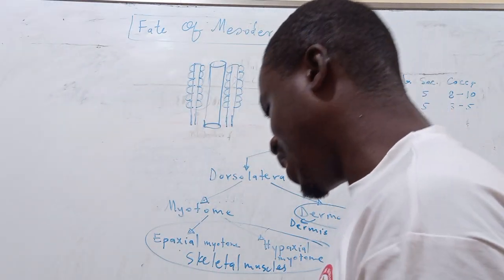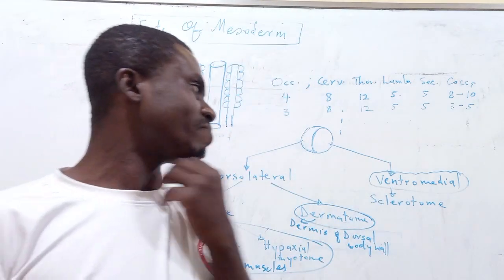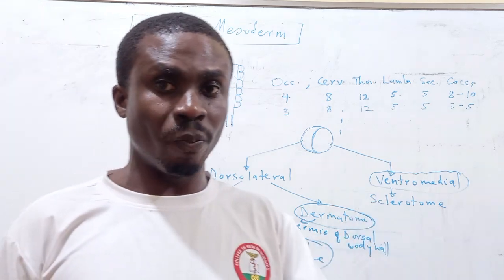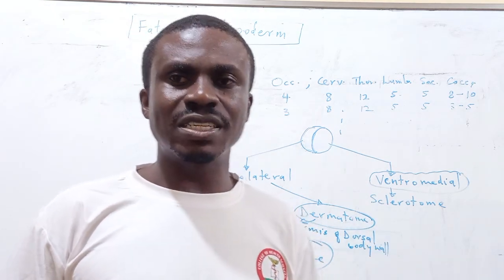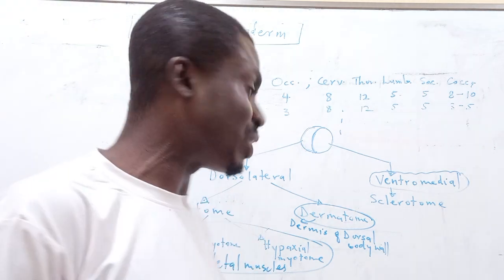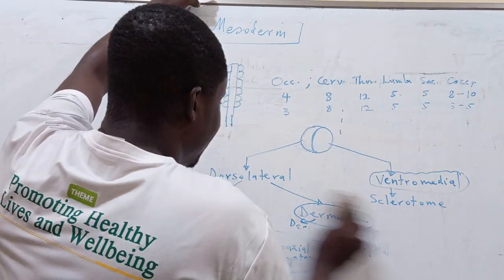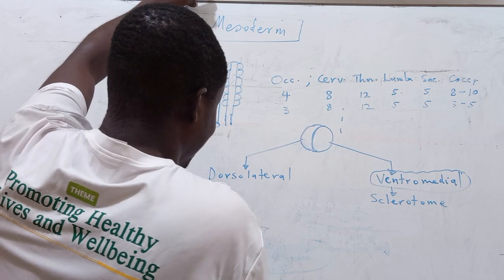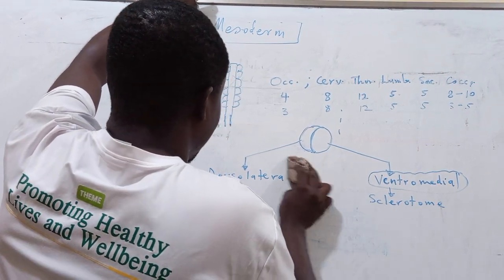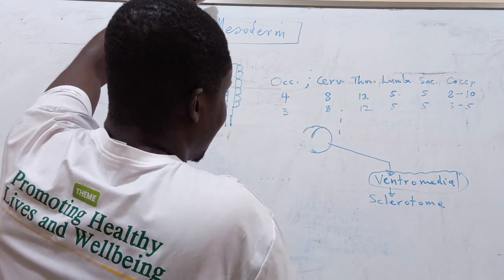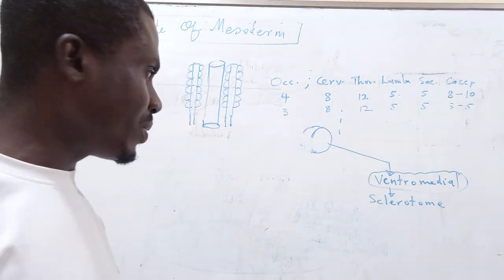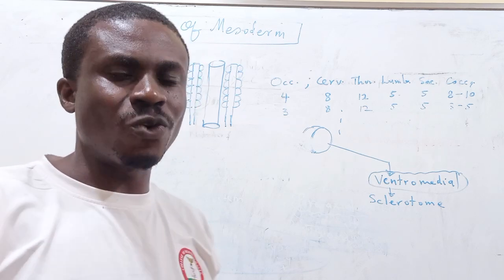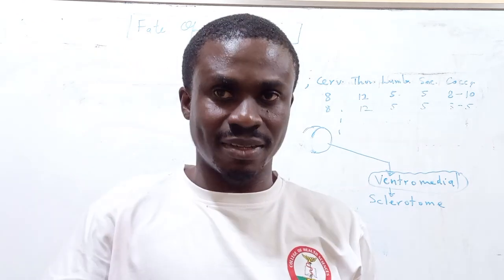Now, when we move on, at the ventromedial portion of this somite, we find this guy over here, which we are calling the sclerotome. Now, my friends, whenever we talk about sclerotome, which I want to give a little bit of attention, this sclerotome we are talking about is the one which will give rise to some components of the axial skeleton.